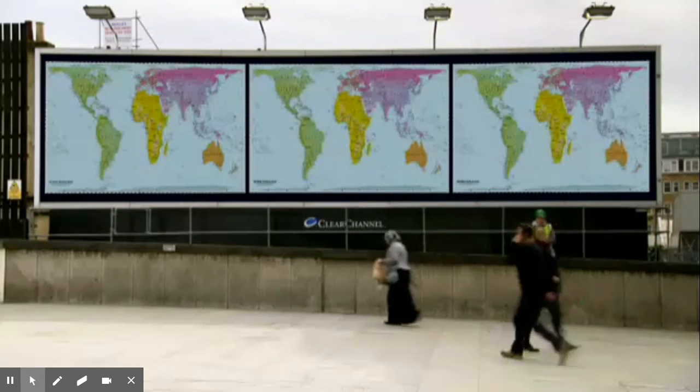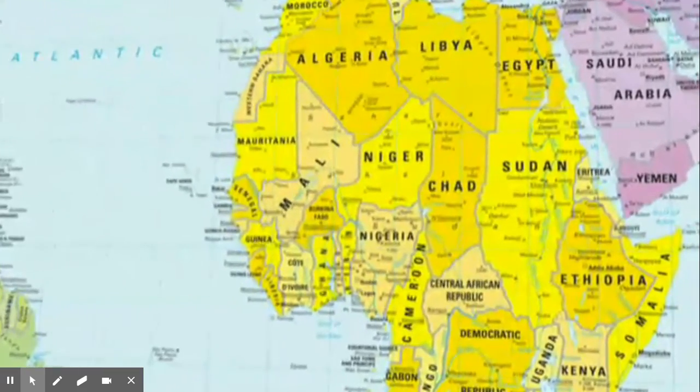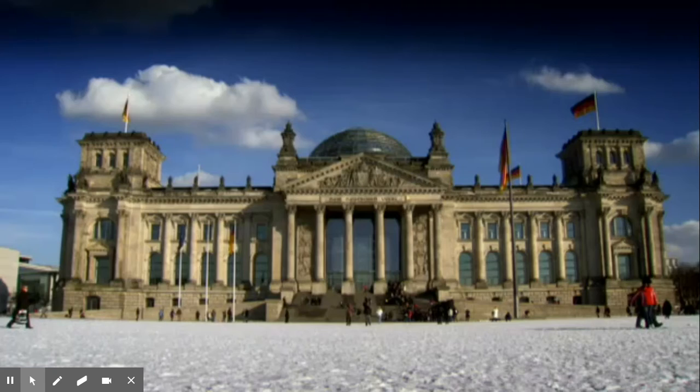But the Peters projection did have distortions of its own. Despite all the success and adulation, the critics did have a point. The Peters projection was flawed, and it wasn't even accurate on its own terms. Peters had made some basic miscalculations, which meant that countries like Chad and Nigeria were twice their actual length.